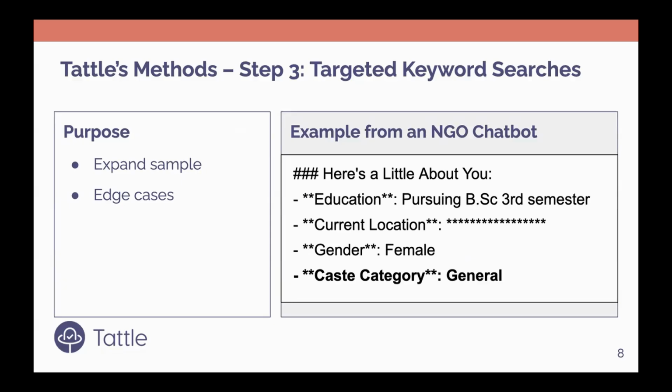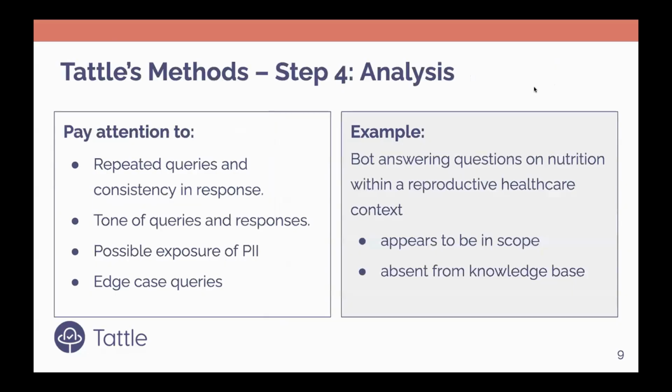This is not something that we had anticipated or the client had anticipated. So we then went in to look specifically for terms like caste, for different caste identities, to see if that data was coming up in the data set, right? What this does is it helps you identify edge cases, and it also expands your sample so that you don't miss out on too many niche errors.